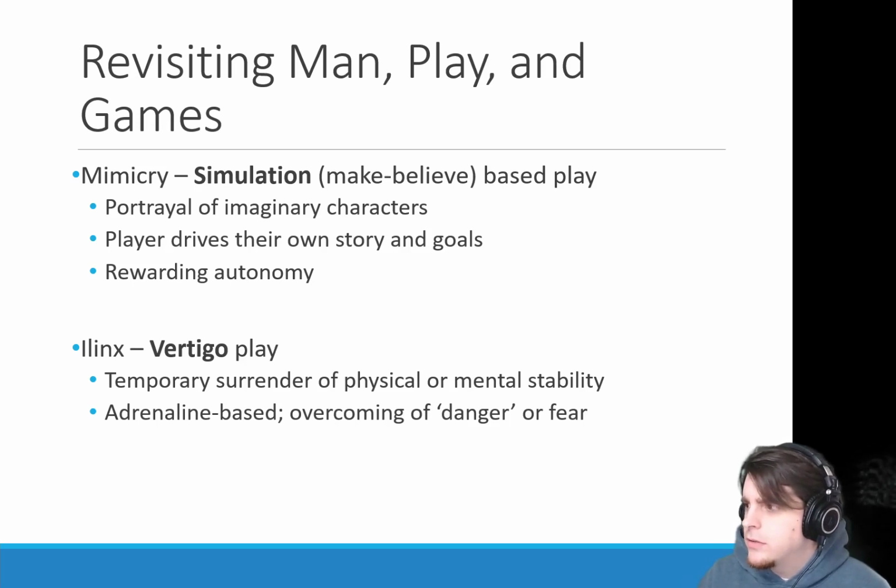I'm trying to break it down a little more, but really it is overcoming that instability, overcoming a sense of danger or threat, or overcoming fear if we're thinking about tense games, horror games, or thrillers. Again, this is just a primer to think about different kinds of rewards and reward systems or structures being relevant in different kinds of scenarios.